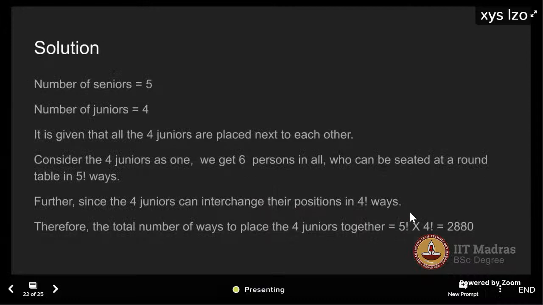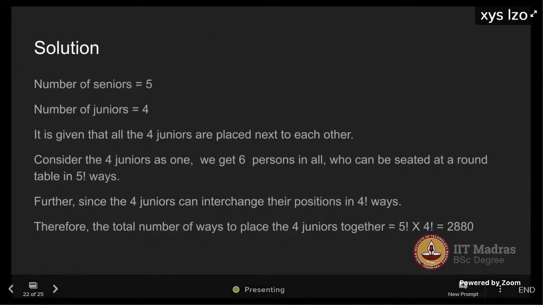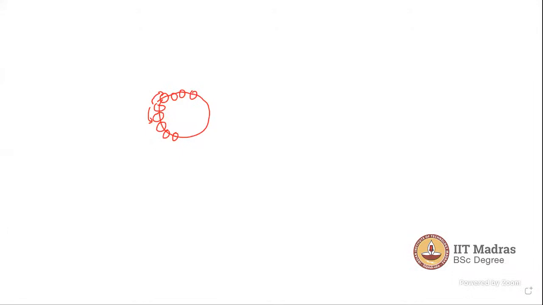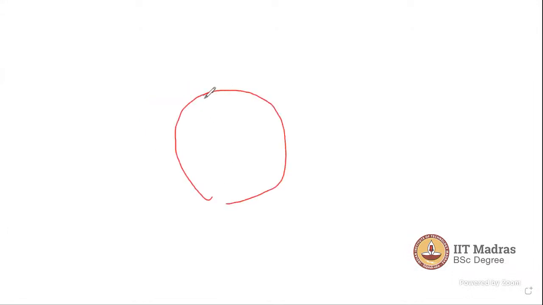Yeah. So one more question. The 4 juniors can interchange their position in 4 factorial ways, but they are also sitting around a circle. So ABCD and CBAD will also be the same. Okay, this question I was expecting. Suppose there are 6 places: S1, S2, S3, S4, S5, and all the 4 juniors sitting here.